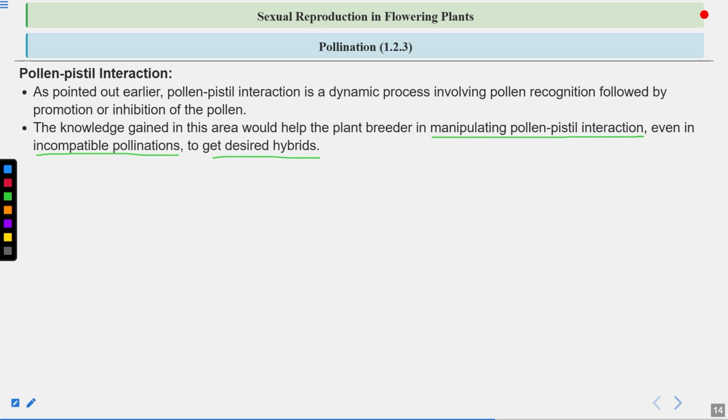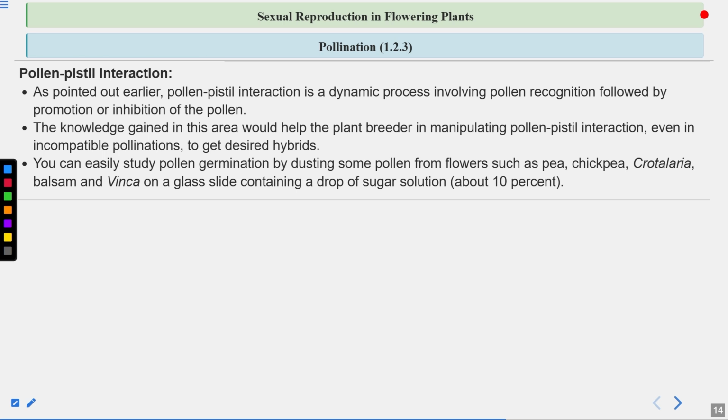Because when there is a rejection at the level of pollen-pistil interaction, but they want the fertilization process to happen somehow, they could overcome this incompatible pollination by using some chemicals, some hormones, and they could get the desired hybrids with that.